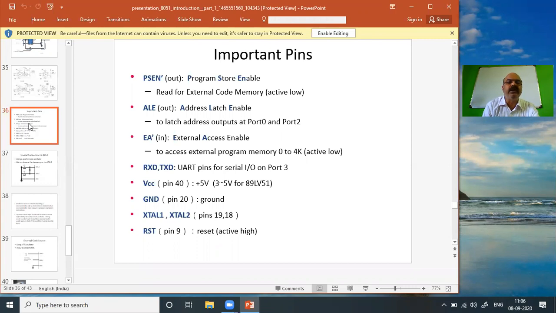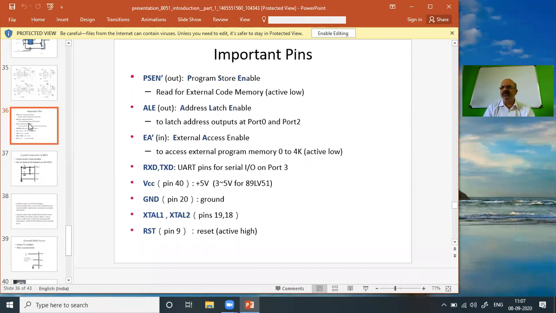PSEN, that is program store enable. Okay, it is for external code memory. Last time I told you that whenever the memory address of the microcontroller exceeds 0FFF, that is 4 kilobytes, next address will be 1000.